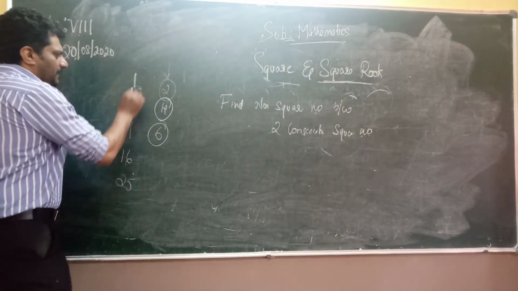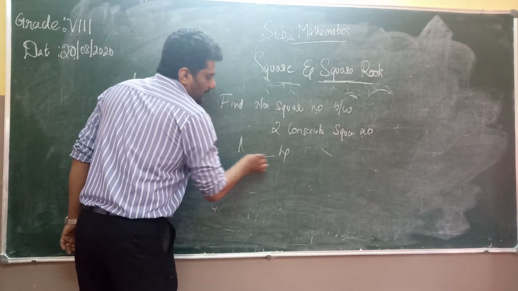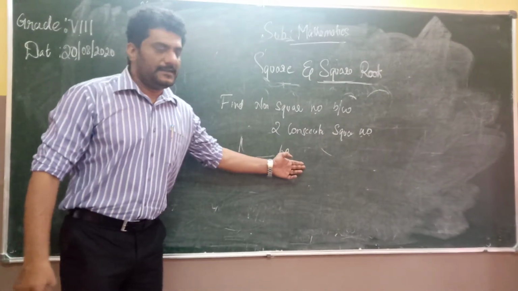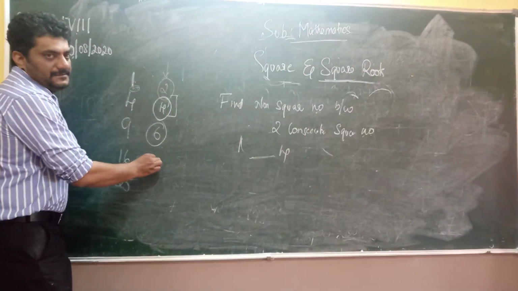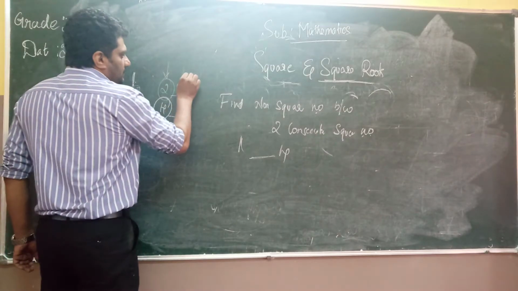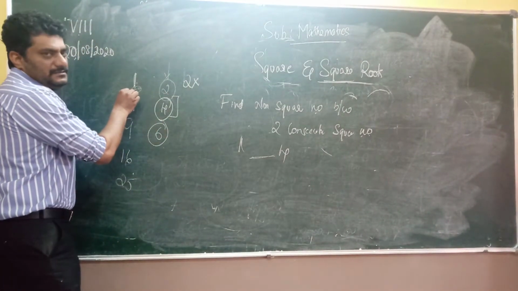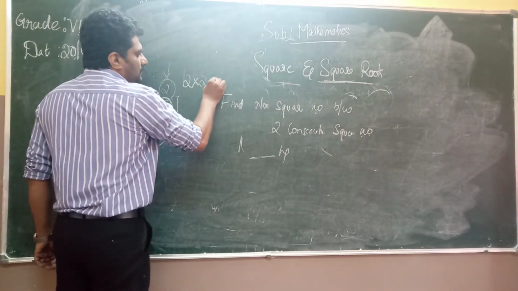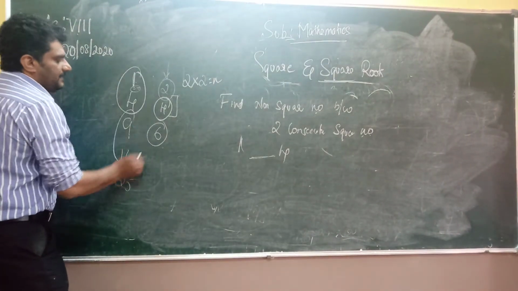That means how many numbers we have between these two squares. If you see here, there is a pattern. The pattern is 2 multiplied by, how many numbers do we have here? 2 numbers, right? So we are finding between these two.